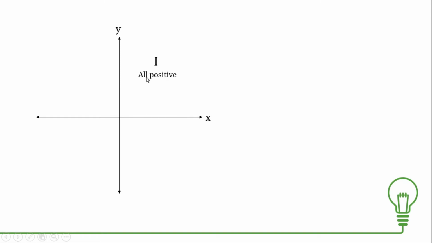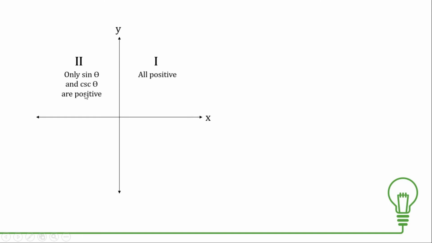Okay? But if the angle lies on the second quadrant, meaning to say its abscissa is negative, or the x value is negative, and the y value is positive, or the ordinate is positive, meaning to say those functions that concern abscissa would be negative, and only the sine function and the cosecant function would be positive. Okay?